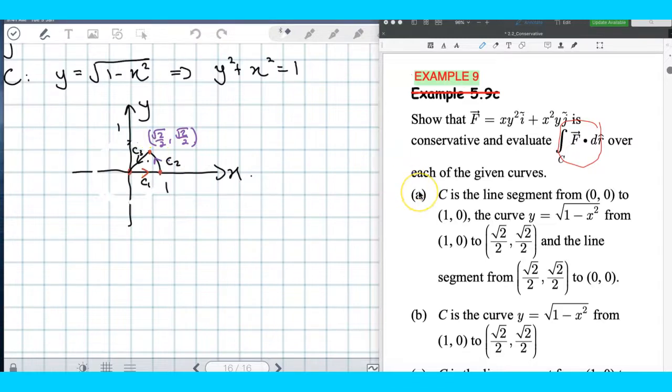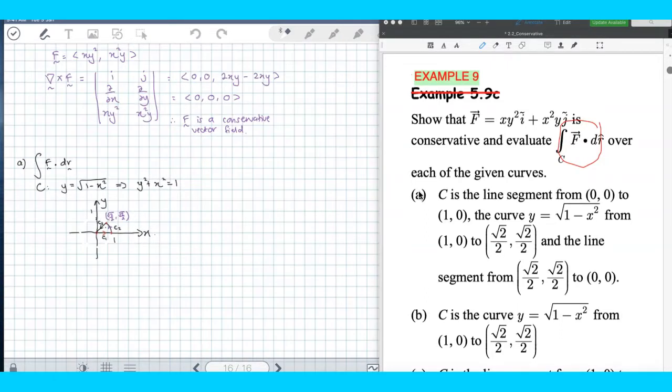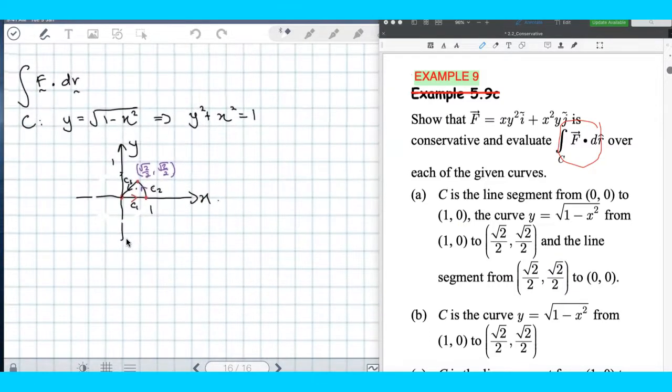Okay, so then you need to obtain the f dot dr. So since we already obtained that f is a conservative vector field, it looks like we have a closed curve here, right? So closed curve or closed loop, because from 0, 0 it goes back to the 0, 0. So in this case we have a closed loop, and since f is a conservative vector field, we can just say that your f dot dr is 0. Okay, just simple. Use the closed loop property.